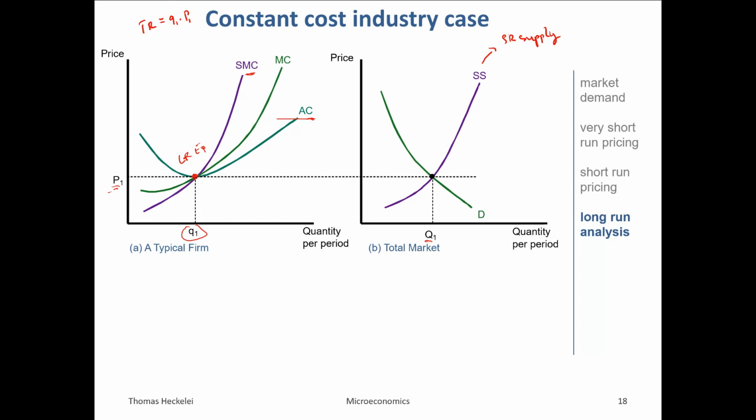Because at this point your average cost curve crosses, average cost equals P1, right? And then your total cost will be AC times Q by definition. Plug this in, you will have TC equals P1 times Q1, which is exactly the same as total revenue. So at that point, your profit is 0.